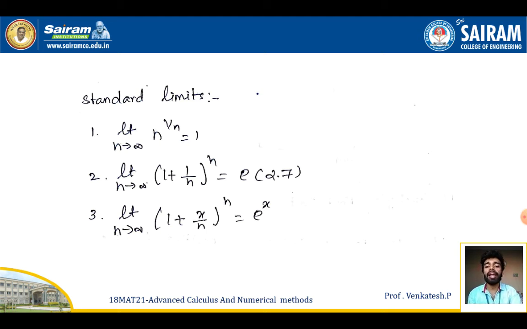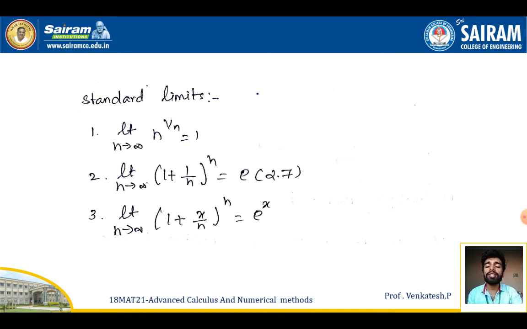Similarly, the limit as n tends to infinity of 1 plus x by n whole power n can be replaced as e power x. Here we can observe that in the second formula there is no x term, so I get only the value e. Since here the x term is there, I get the formula e power x. While solving problems, we can utilize these three standard formulas for the simplification of the equations.